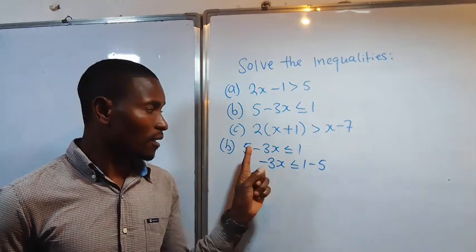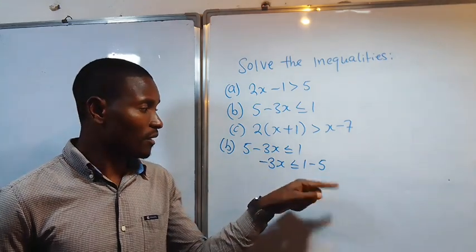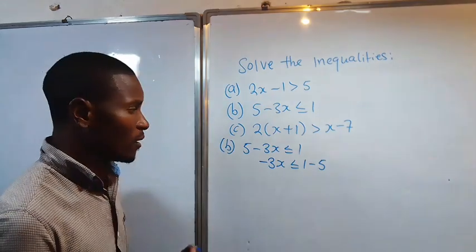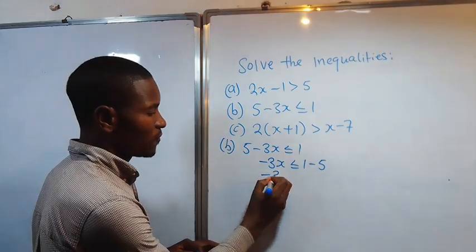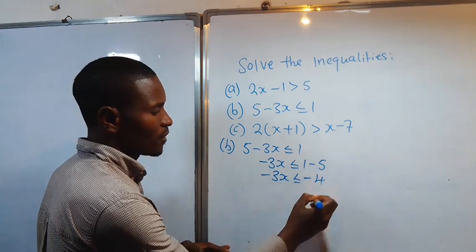I took this 5 to the other side, it is positive and then becomes negative. So from there we have negative 3x, and this is going to become negative 4.